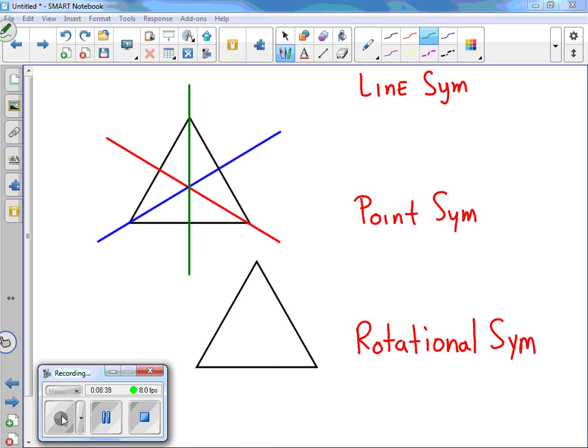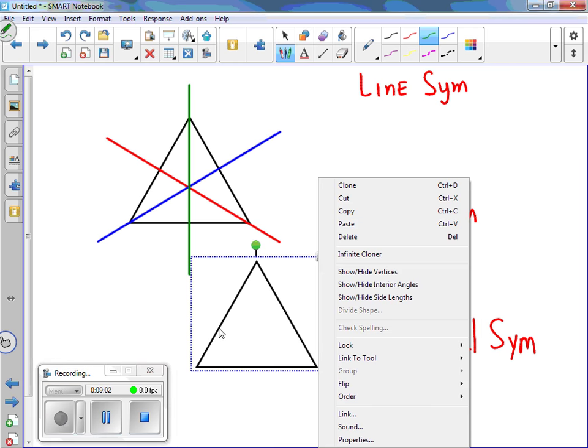Okay, well those are 3 lines that I believe has line symmetry, meaning that if I folded it on any one of those lines, what's on one side would map onto the other side. Now, I disagree that this has point symmetry, and I'm going to show you, which is much harder to do on your paper because you can't really clone and all that stuff. Now, I'm going to take this drawing and I'm going to clone it.